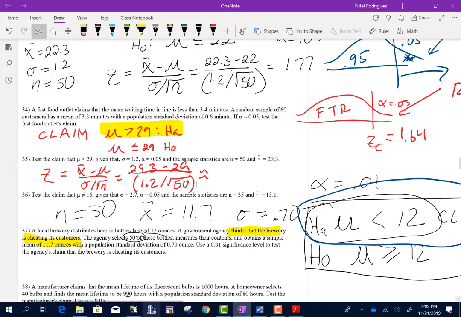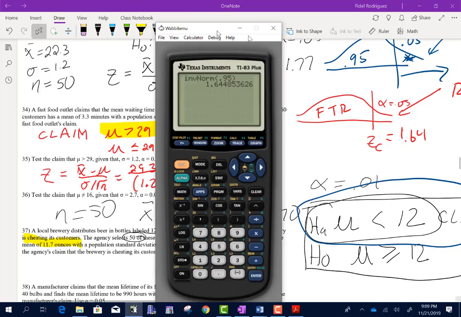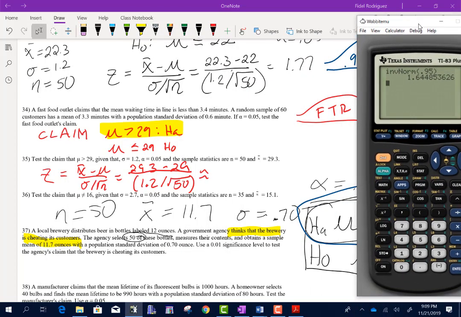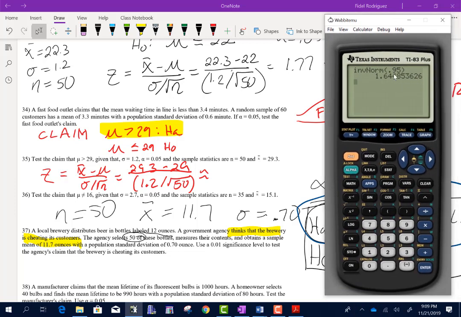So again, guys, I'm going to grab my calculator, move it over here to the side so y'all can see it. Let's clear this out. 29.3 minus 29 is 0.3, divided by parentheses 1.2 divided by the square root of 50. And for my z-value, I'm coming up with 1.77.